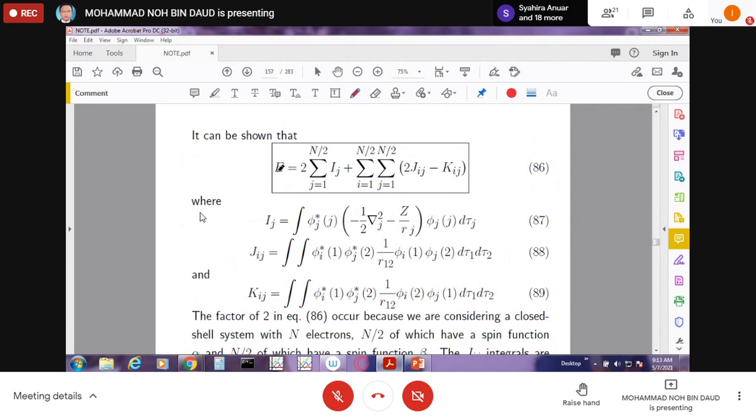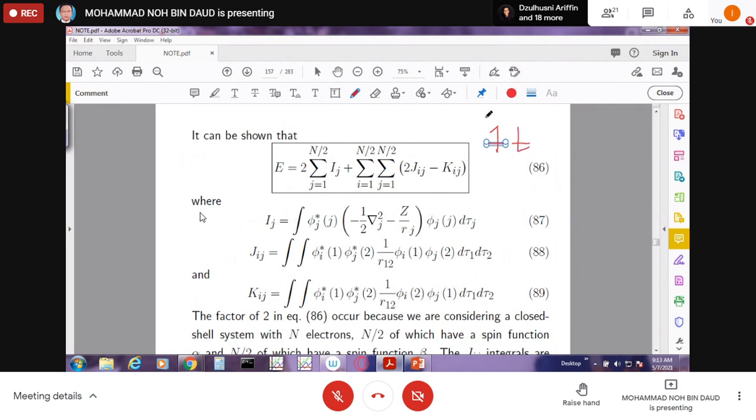So for the total energy here, we consider closed shells, where the number of electrons n is halved, because for n atomic orbitals or n molecular orbitals, this can also be applied to molecules. Each of these atomic or molecular orbitals can hold 2 electrons with different spin.